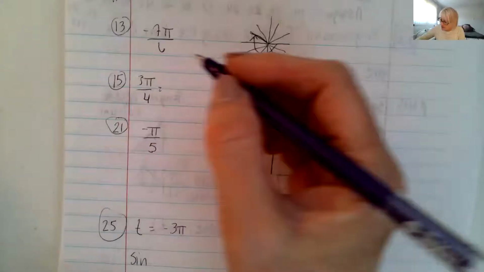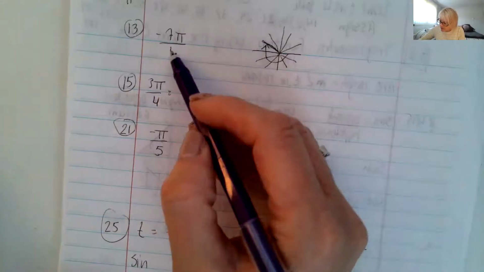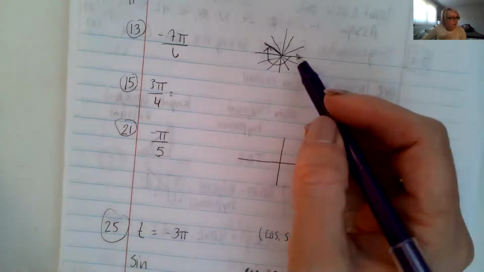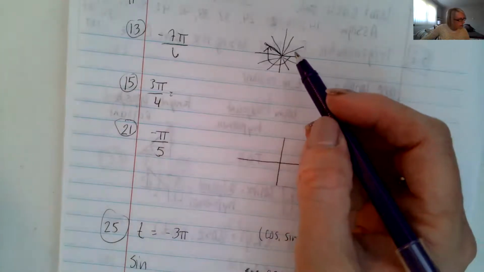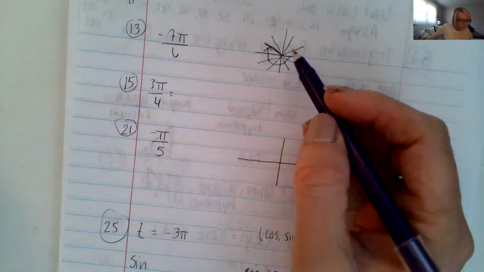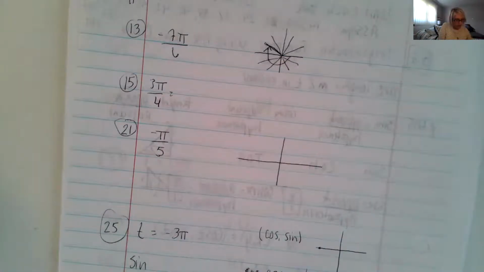So the reference angle is the original angle that we're referring to. So here, negative 7 pi over 6 is asking us to find the reference angle for 13.